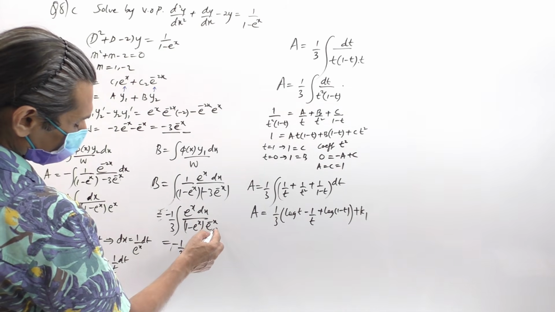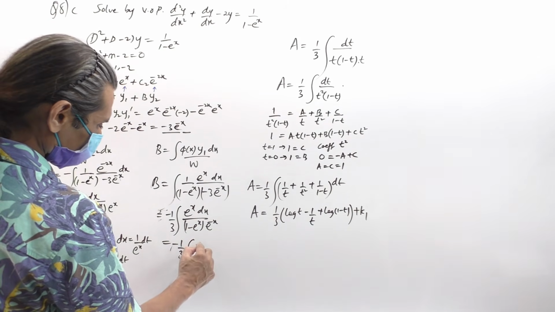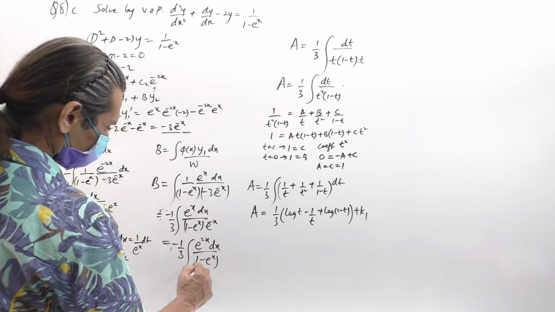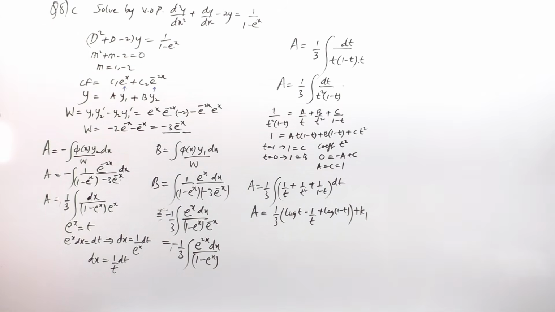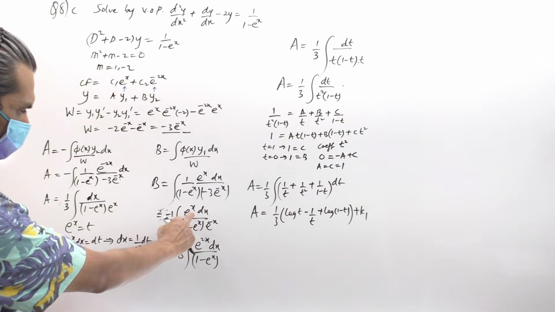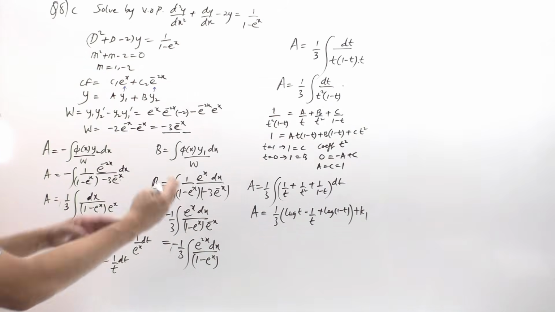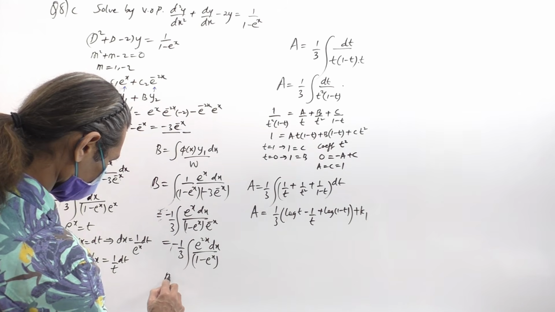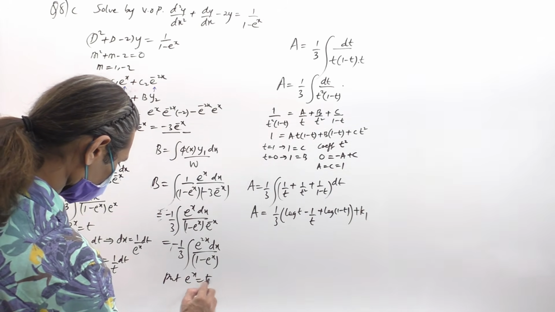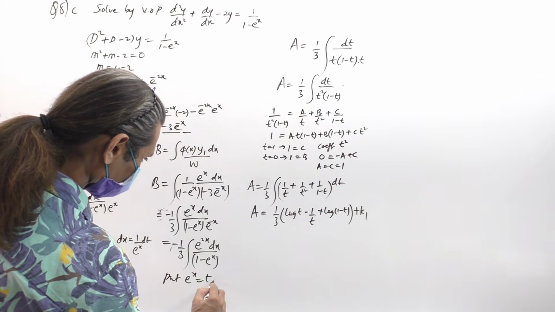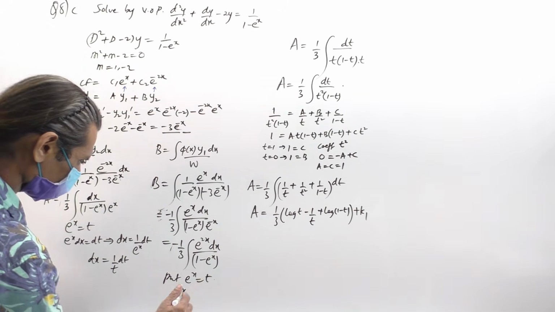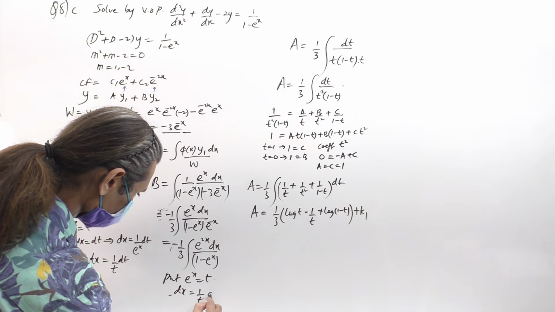So e raised to x, take it up, so it will be e raised to 2x dx divided by 1 minus e raised to x. e raised to x upon e raised to minus x gives x plus x, that is 2x. Now again here I put e raised to x is equal to t. So we get the same thing, dx is equal to 1 by t dt.